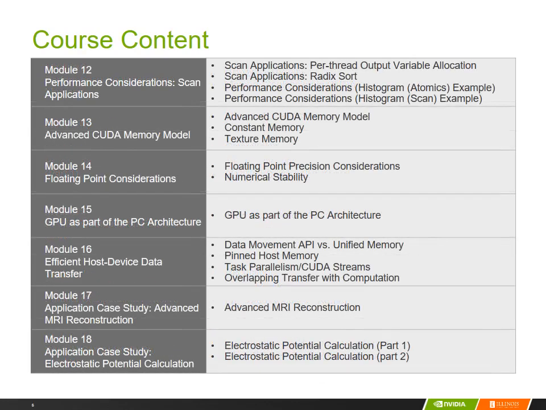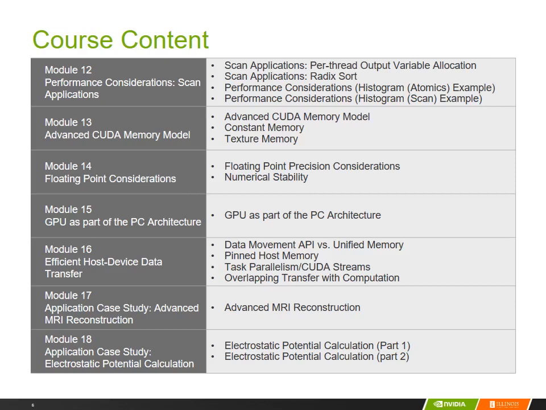Module 12 is an in-depth analysis of some performance considerations between algorithms that we can select in order to implement the same computation.